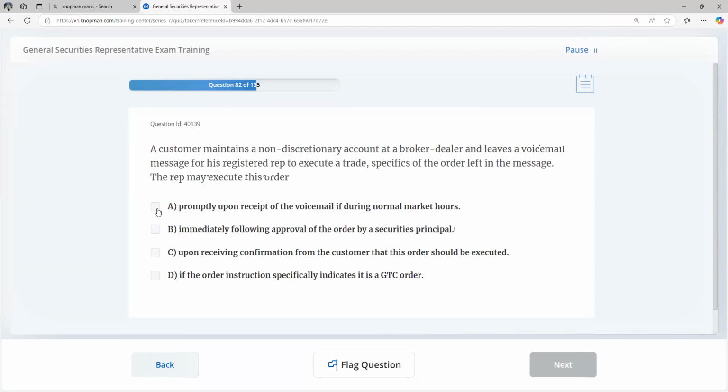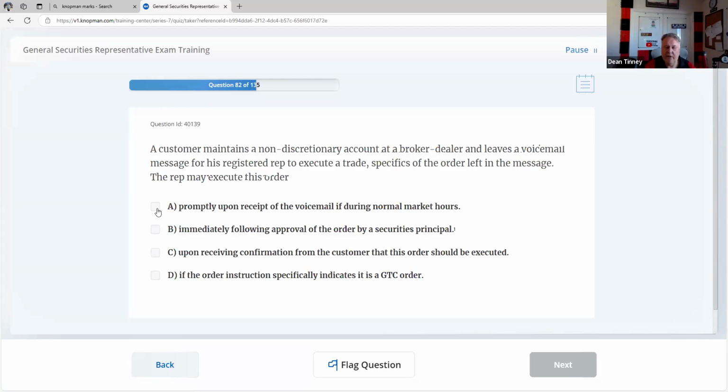Non-discretionary account at a broker-dealer and leaves a voicemail. I'm making this more complicated, but you can't confirm on a voicemail that it was for sure his voice. Most firms tell you specifically not to leave a voicemail because we're not going to do anything.